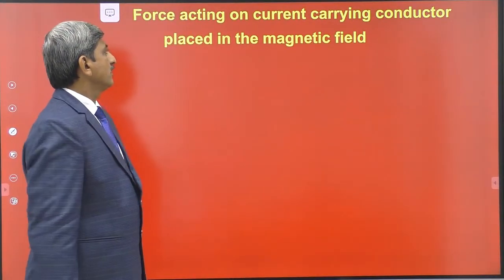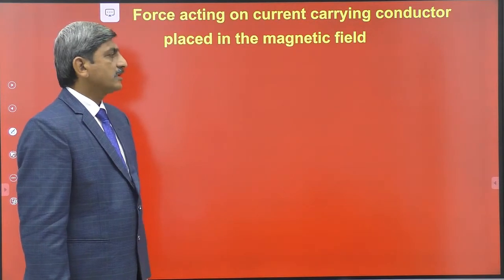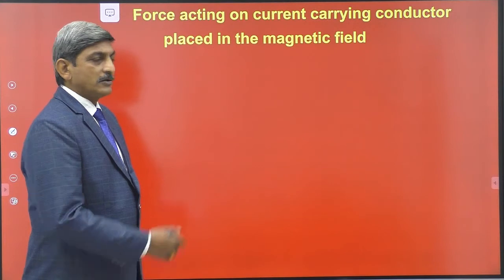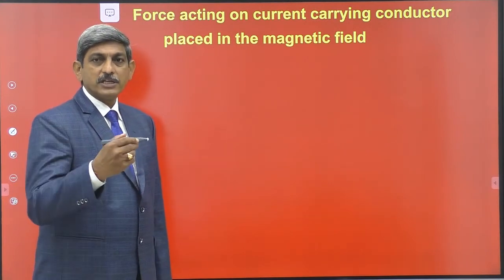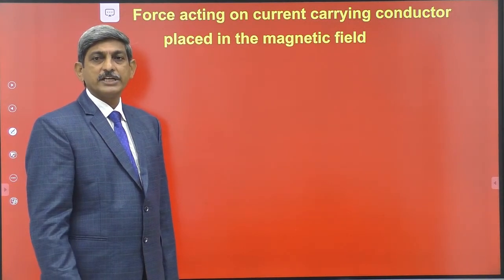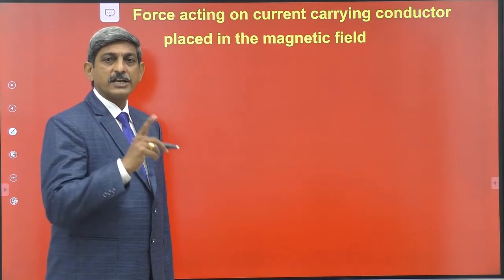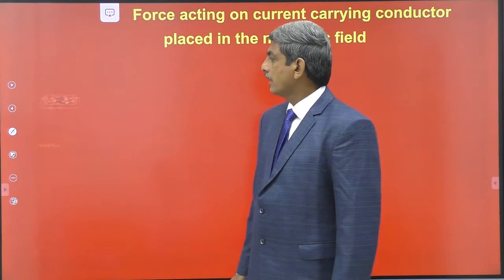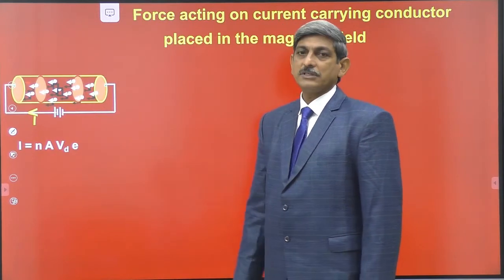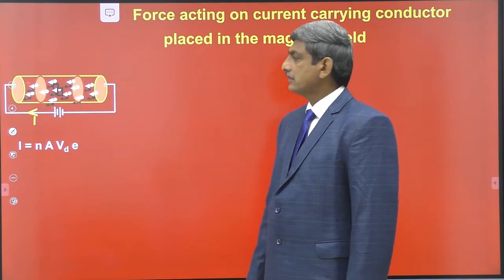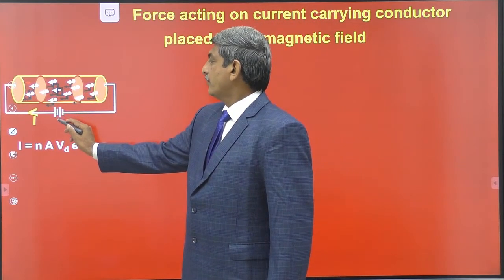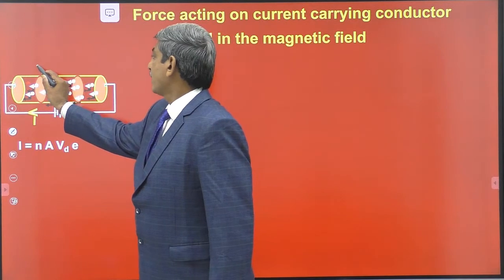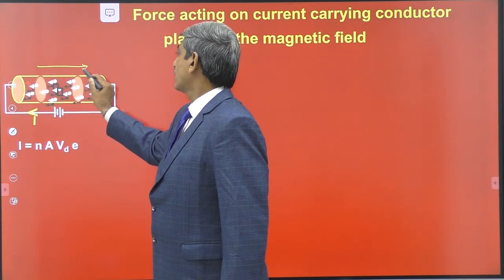Now come to the force acting on a current carrying conductor placed in the magnetic field. To understand this, we have to recall two concepts, one we studied in current electricity and the other in the present session. If there is a current carrying conductor and we create a potential difference, then an electric field is produced inside the wire.